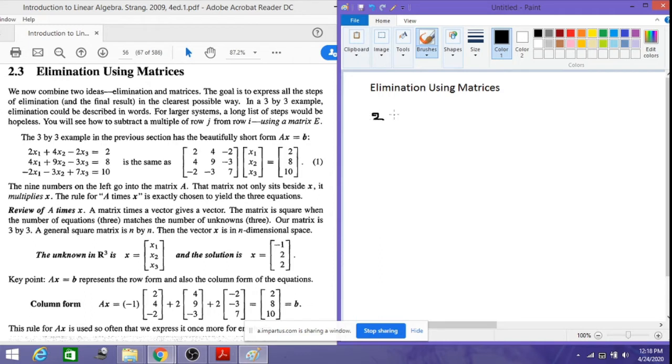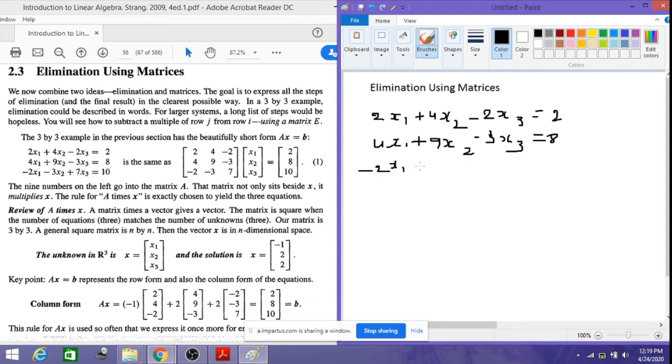Let us take 2x1 plus 4x2 minus 2x3 equal to 2, then 4x1 plus 9x2 minus 3x3 equal to 8, then minus 2x1 minus 3x2 plus 7x3 equals 10.